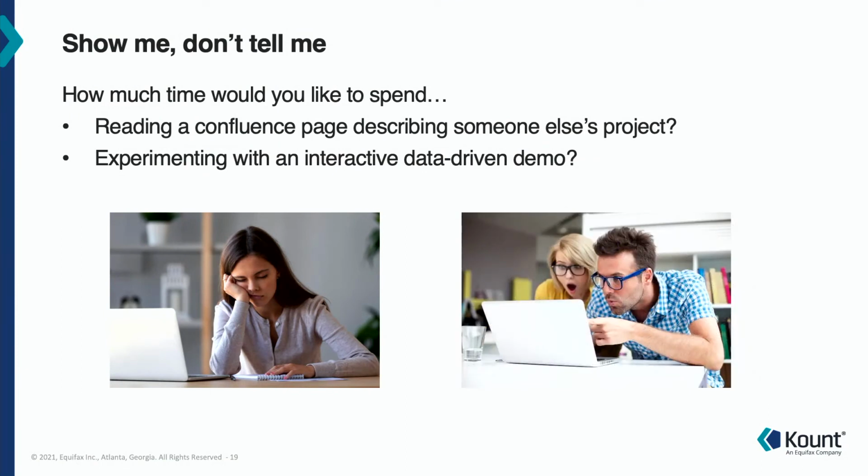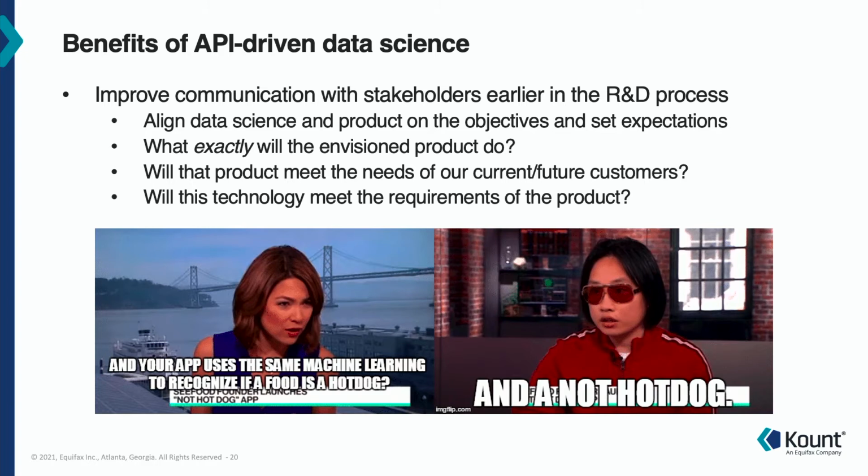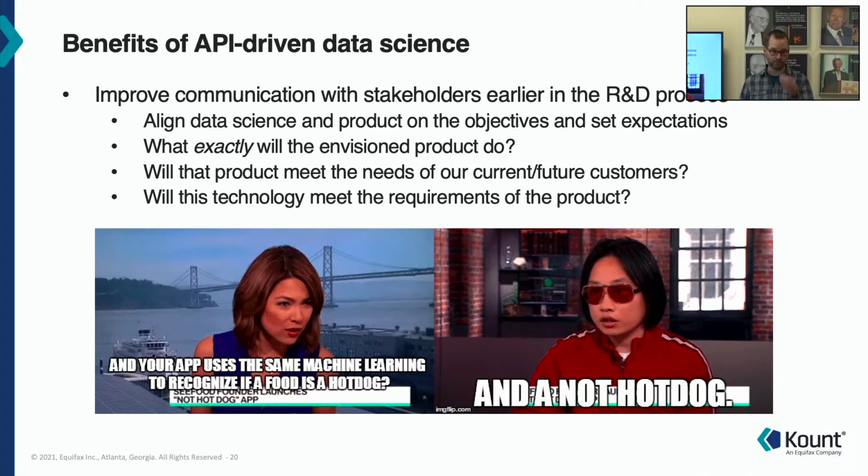All right, so I think there's a whole host of benefits to this concept of API-driven data science. Early in the process, I think it's really valuable, this first step of establishing the interface, before we really even dive into the research.